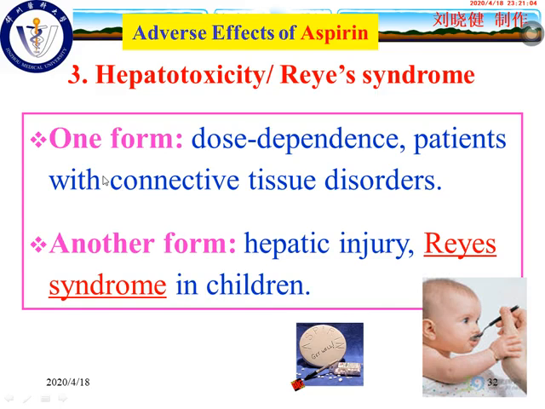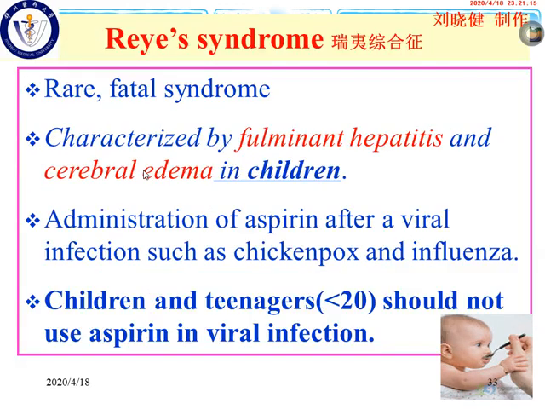Another form is hepatic injury caused by Reye's syndrome, which usually occurs in children. This Reye's syndrome, although it is rare, is fatal. It is characterized by fulminant hepatitis and cerebral edema in children.